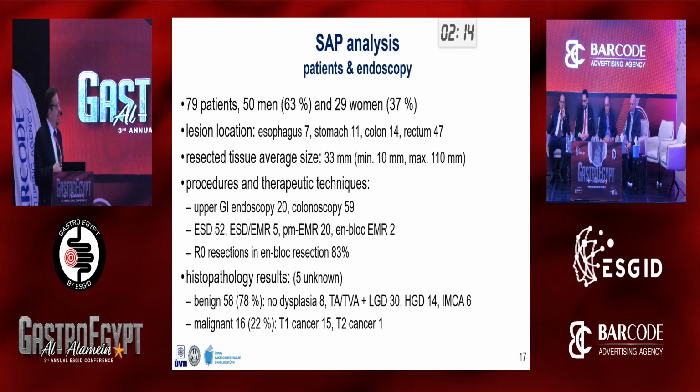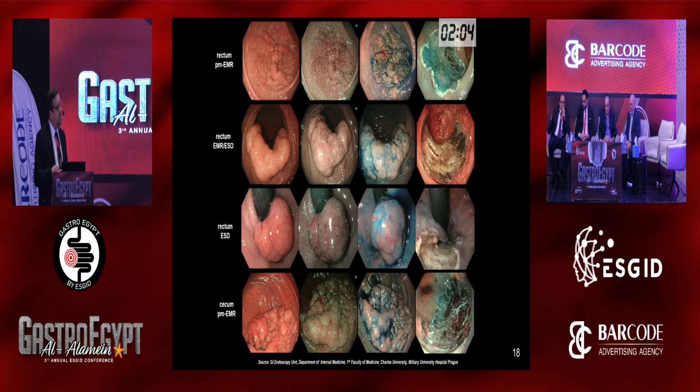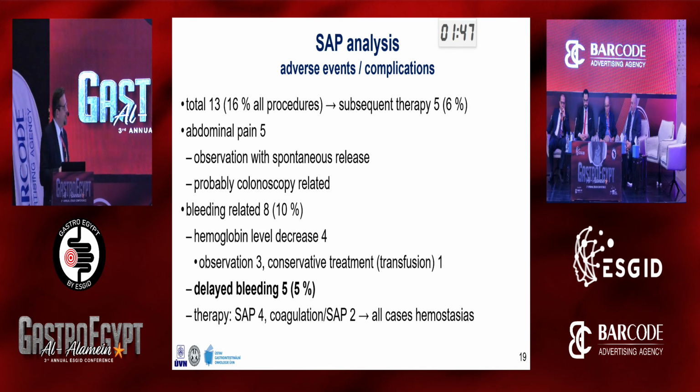And 80% of the lesions were benign, but more than 20% were malignant, the majority of them T1 cancers. And you can see some examples of the lesions which I removed. This is after EMR, and these are after ESD or a combination, the hybrid method of EMR and ESD.